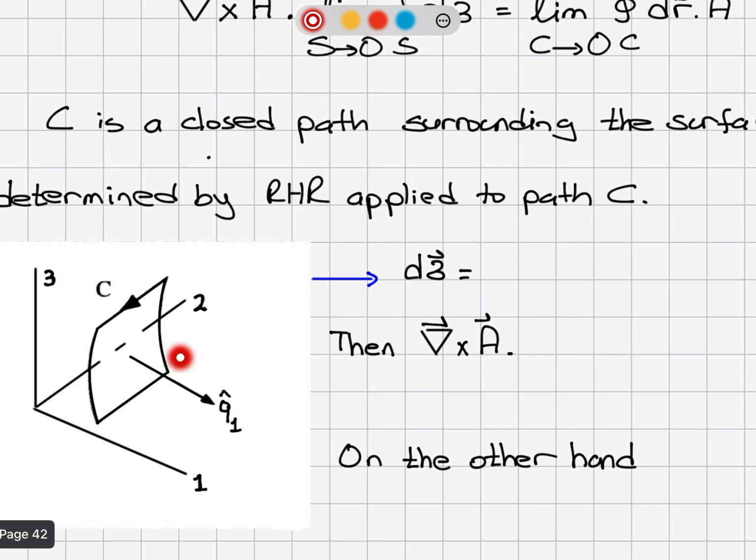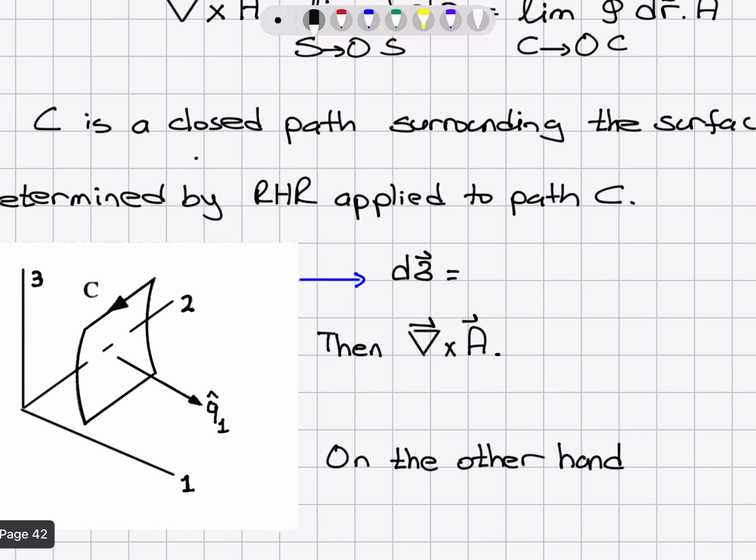If the circulation is in the counterclockwise sense, it's going to be, according to the right-hand rule, in Q1 hat direction. And here we have variation on the Q2 axis, so it's H2 dQ2, and variation on Q3 axis, so H3 dQ3 in Q1 hat direction.